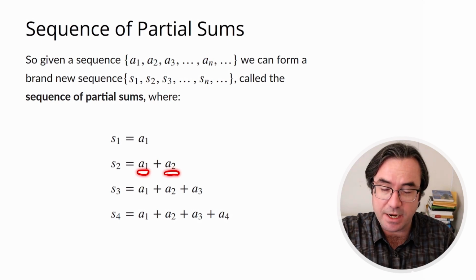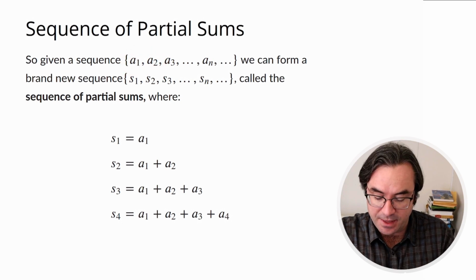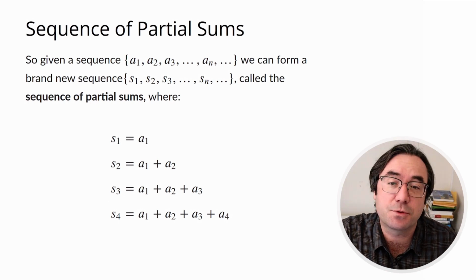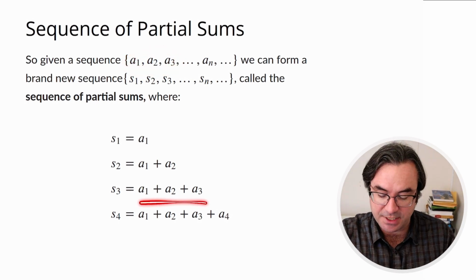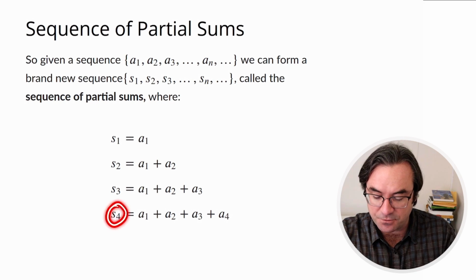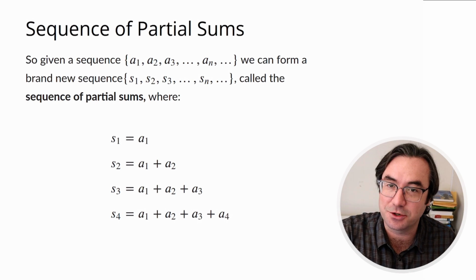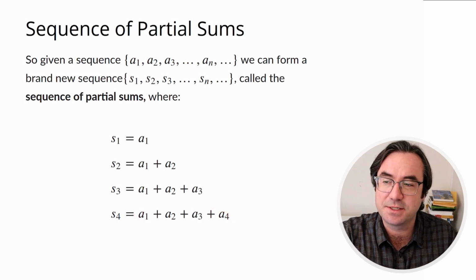So we're taking a1 and a2, the first two terms of our list, and adding them together. Then S3, this is like the sum of the first three terms. So we take the first three terms of our list and add them together. And then S4, the sum of the first four terms essentially is, well, we take the first four terms of our list and add them all together.